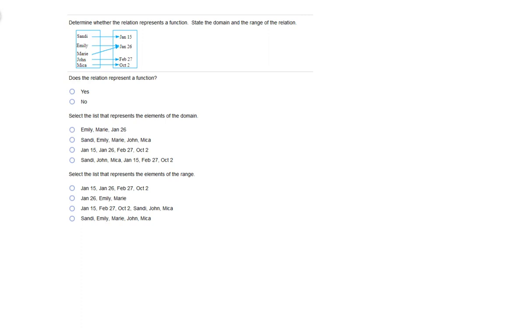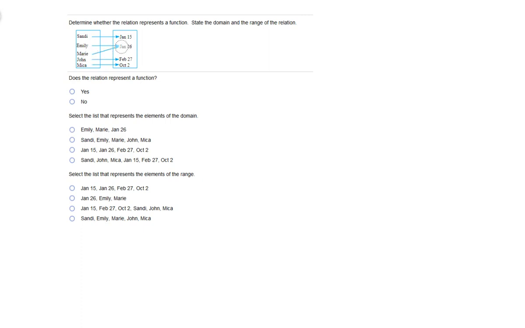So a relation is when we have a correspondence, but a function is a special type of relation in which every first coordinate corresponds to exactly one second coordinate. So we want to focus on the first coordinates and see how many correspondences they have. Sandy corresponds just once with January 15th. Emily just once with January 26th.